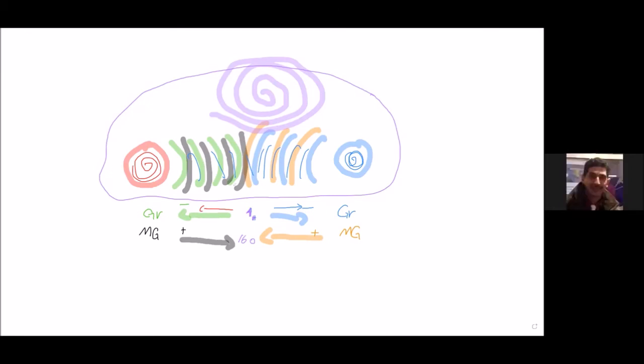We will have the gravitational of the Sun, and this is the minus, with the magnetical of the Earth.